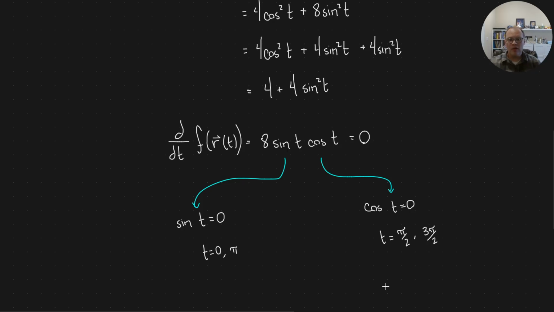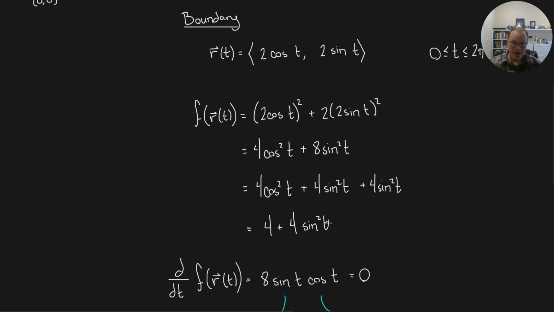And with that, we've looked all the way around the circle and we found all the critical points. Okay? Now what we want to do is translate these into actual points. So we're going to plug them back into r of t, and that will tell us the actual xy points for those critical points along the circle.